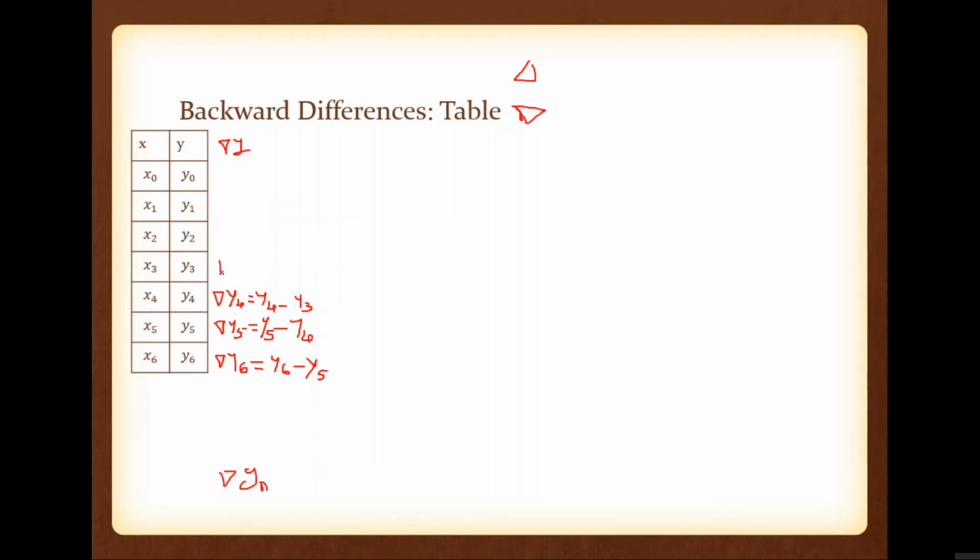Del y3 is equal to y3 minus y2. Del y2 is equal to y2 minus y1. Del y1 is equal to y1 minus y0. And what about del y0? Not available, because y0 is there, but its previous data is unknown.